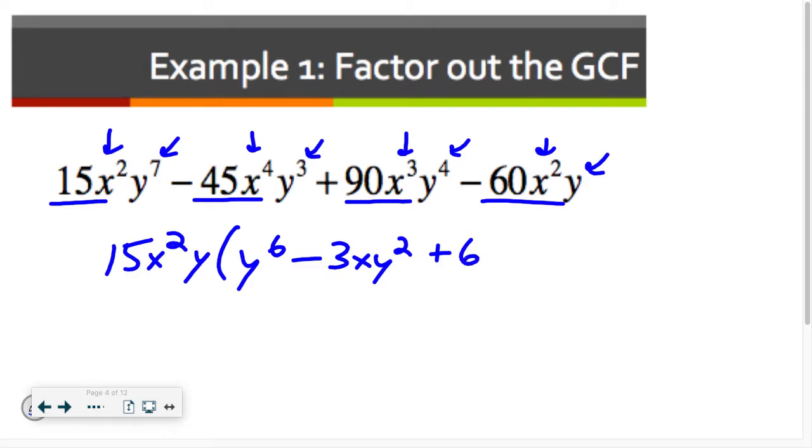X squared out of x cubed is an x left over. Y out of y to the fourth is y cubed left over. And then my last term is negative 4, since x squared and y are taken out. So that's just a little extension from yesterday when we do a GCF that's a little more complicated.